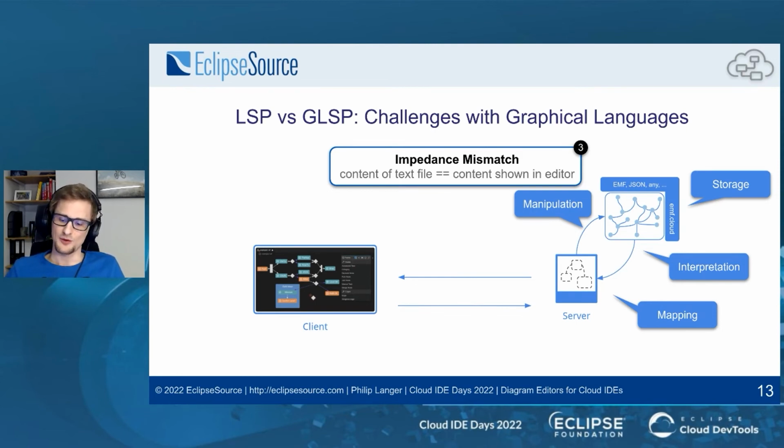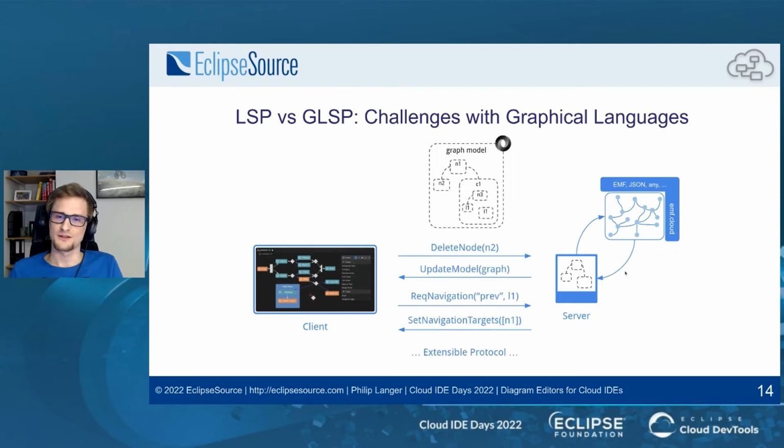So how we encapsulate this whole source model from the client, so that the client doesn't need to understand any of that, is by this graph model that I mentioned before. If you want to put it like that, the graph model is the common artifact that is shared between the client and the server, and it is also the artifact all other communication is based on.